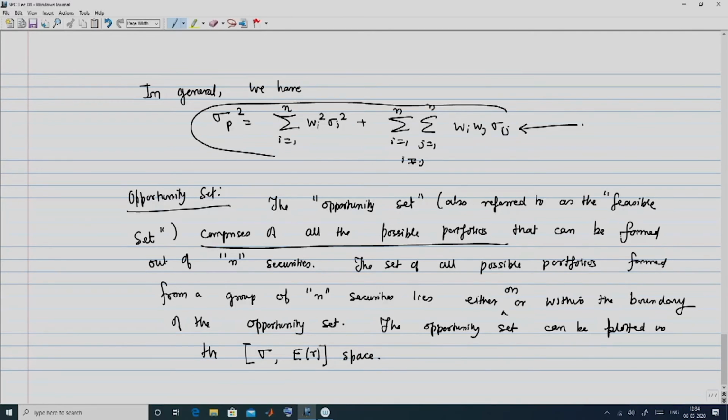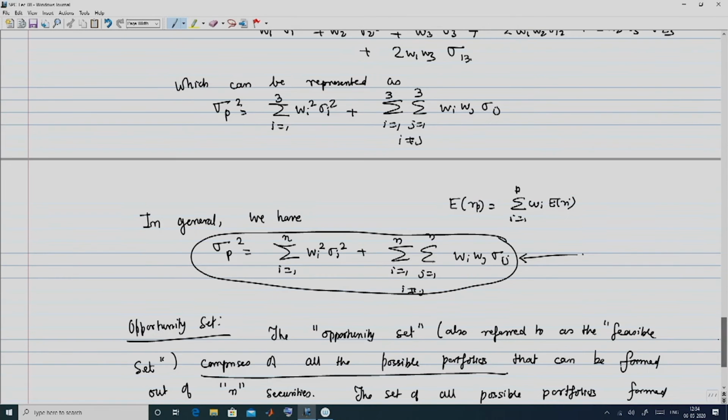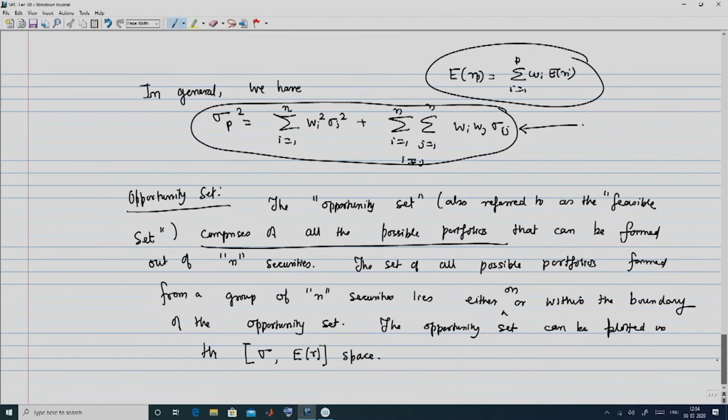So, equivalently, for each combination of W 1 through W n, we can use this formula and the previous formula, that is E of R p is equal to summation W i E of R i, and for each combination I will have a pair of sigma and E. So, instead of being represented by this vector W 1 through W n, which obviously cannot be drawn on an n dimensional plane, we equivalently represent the feasible set by the corresponding sigma as given here and the corresponding ERP as given here.